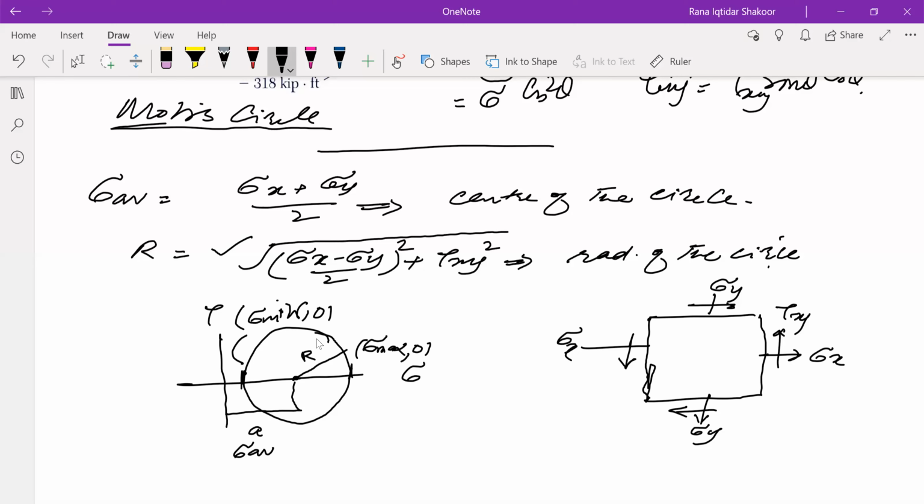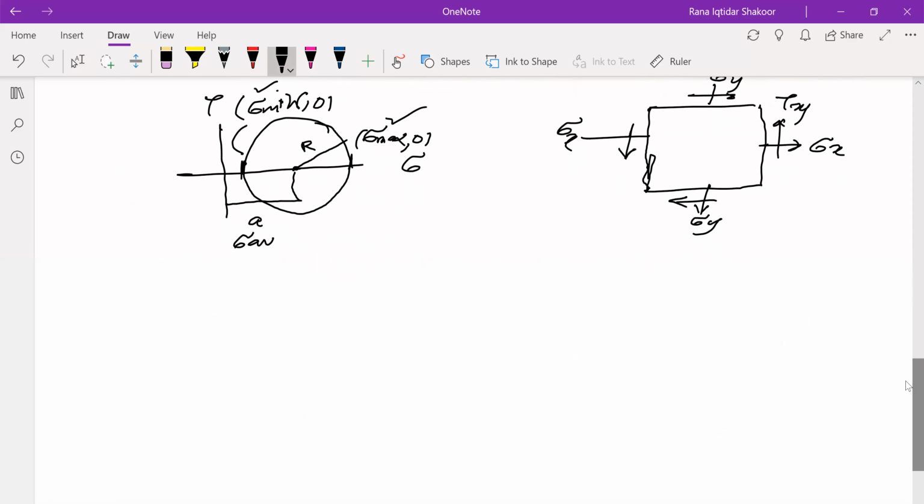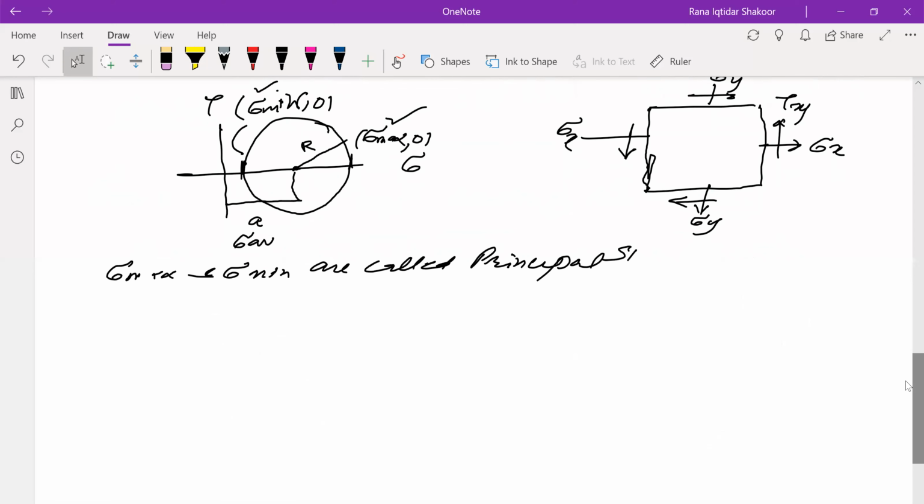Whenever you have tau value 0, these are called principal normal stresses. Sigma max and sigma min are called principal stresses, or principal normal stresses, whatever you consider. And at this condition, tau will always be equal to 0. We discussed this in the previous lecture as well, right?